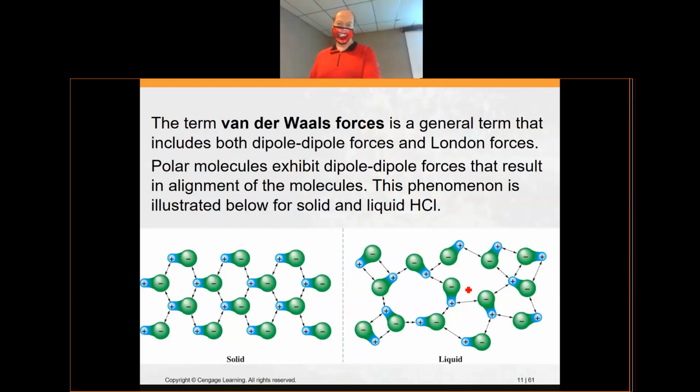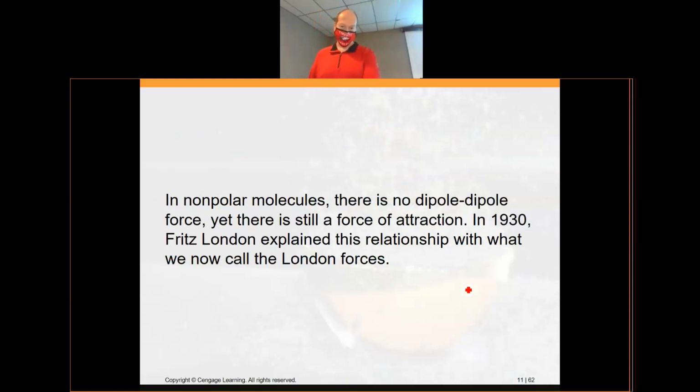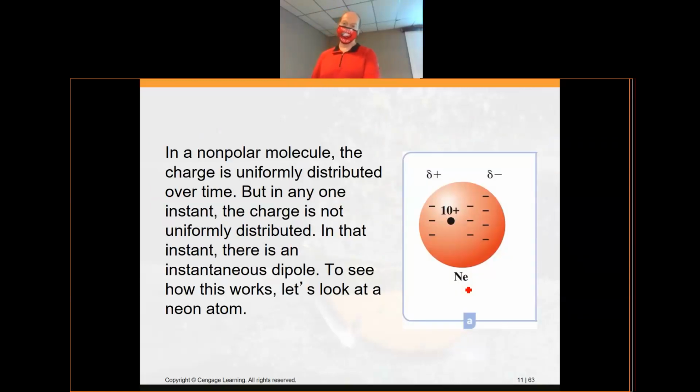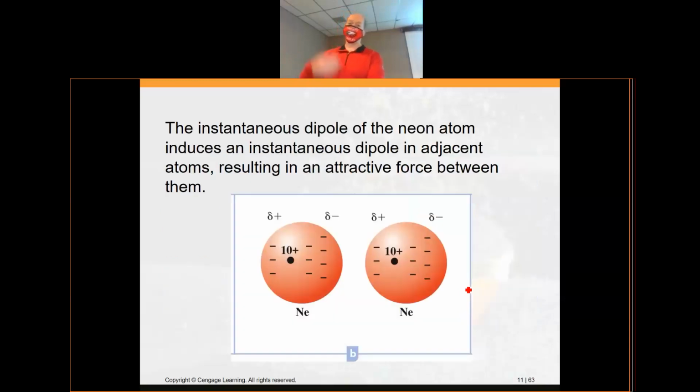All right, so a London force is just an induced dipole force. So at any given time, more electrons will be on one side than the other side. And then that nonpolar neon atom will interact with another neon atom, and it will shift its electrons to line up with the other one.